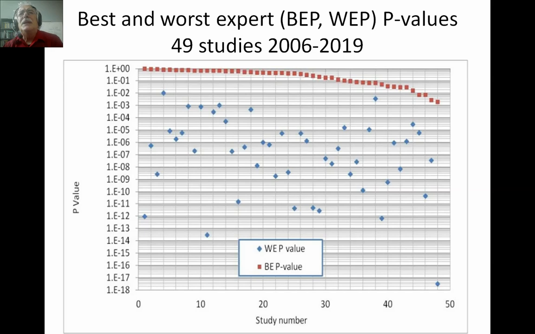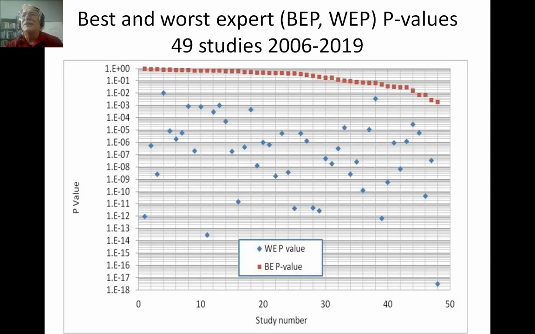So you see the most accurate experts have a p-value that is above 0.1 in about 2/3 of the cases, and for the rest it's generally above 1 times 10 to the minus 2, which is a reasonably charitable threshold at which we would reject the hypothesis that this person is statistically accurate.